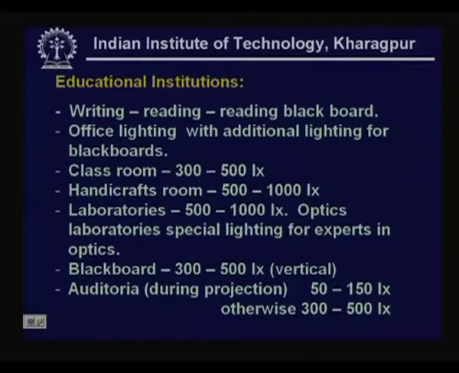Otherwise, there is a general lighting requirement of 300 to 500 lux, and oftentimes you think of having dimmability, in which case you cannot use fluorescent lamps. One may have to use metal halide lamps or incandescent lamps.